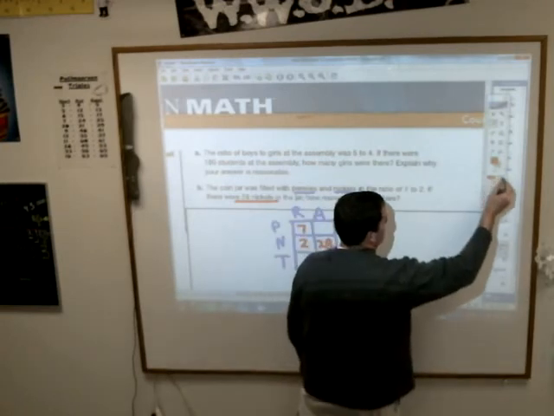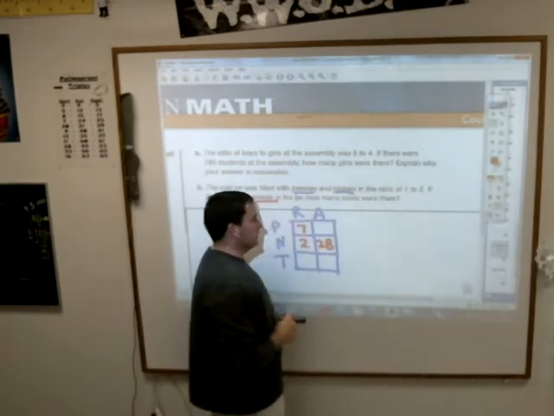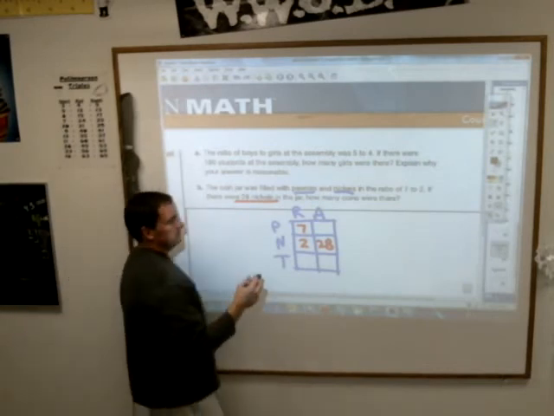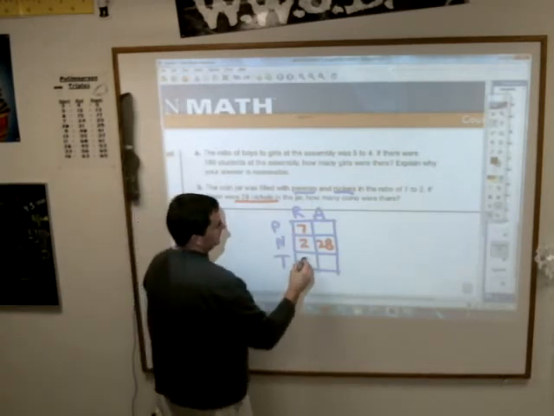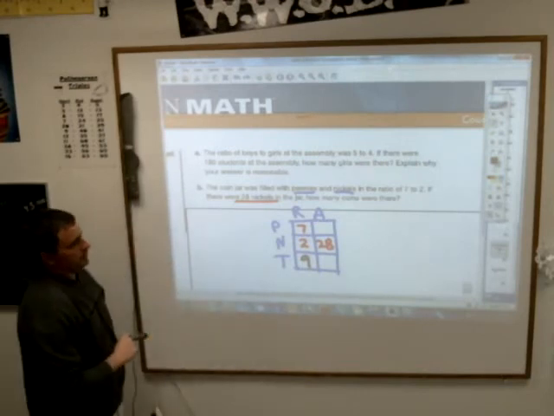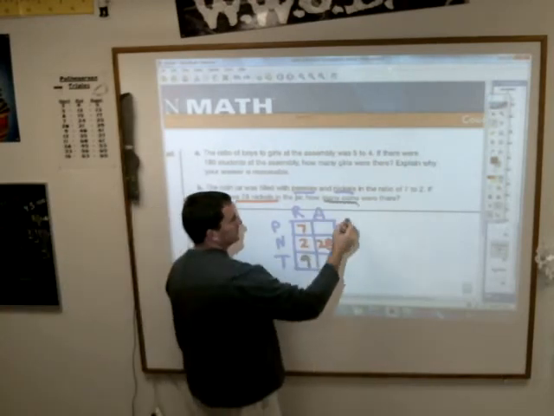Now what other boxes can we fill in? What box can I figure out right now? The total for ratio. There's a total of 9 coins in the ratio, and then which one am I looking for? How many coins, which box is that?